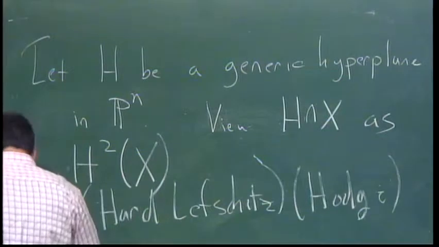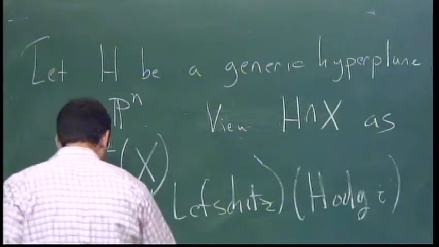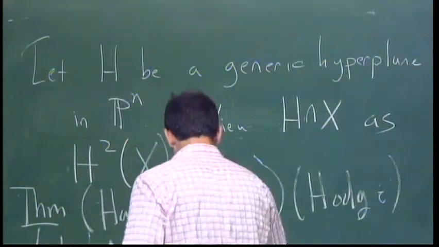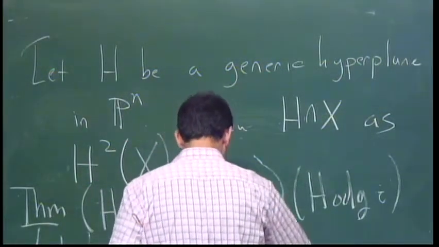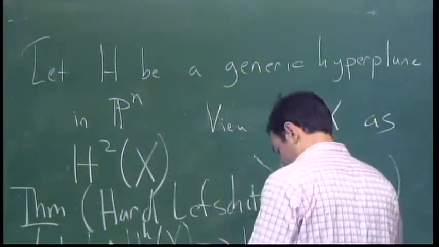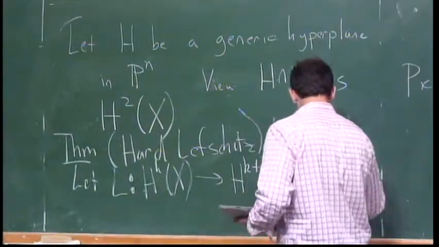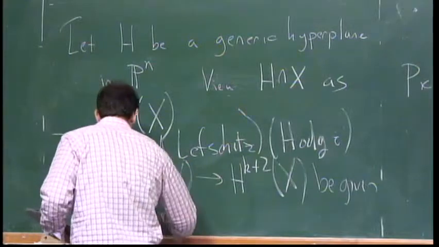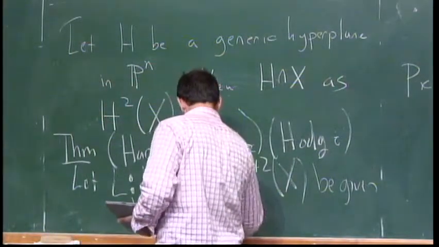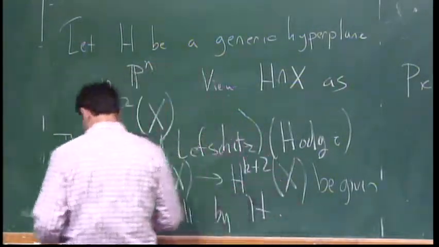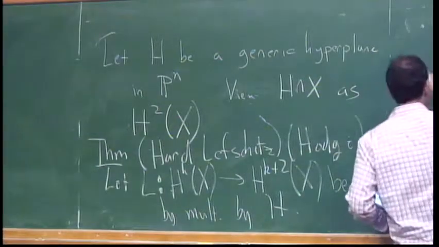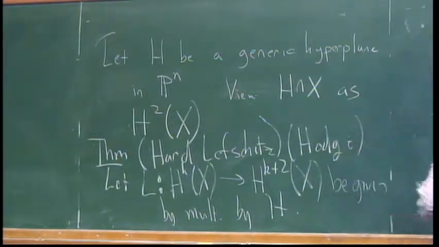We let L be the map on cohomology given by intersecting with H, or we could say in cohomology by multiplying with H.